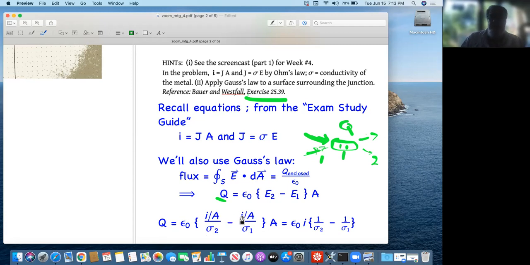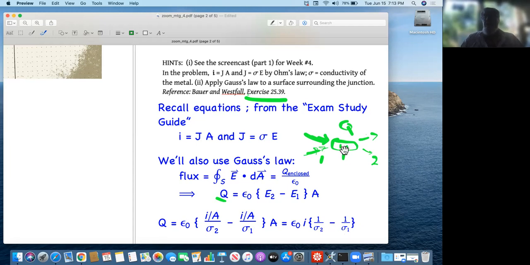And you see, interestingly enough, the area cancels out as long as the area all along the wire is constant. And so we just have epsilon 0, that universal constant, times I, times 1 over sigma 2 minus 1 over sigma 1.